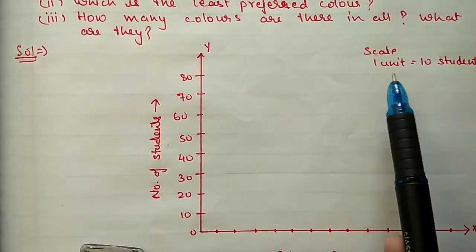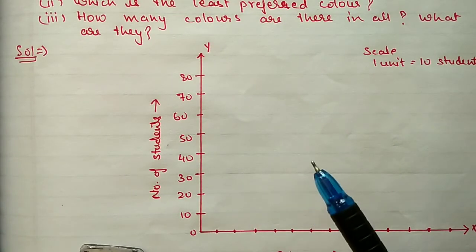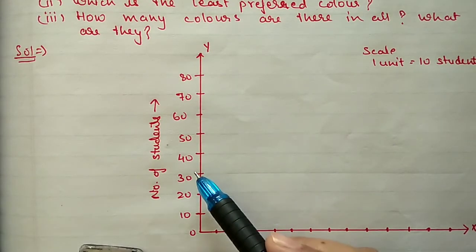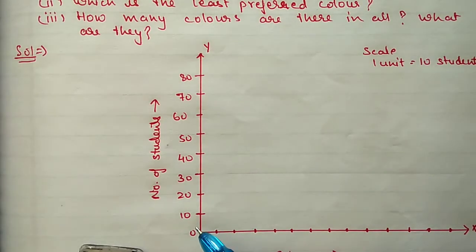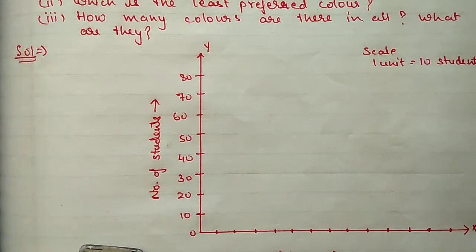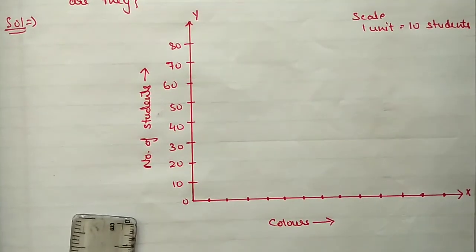And scale I have taken 1 unit equal to 10 students. You can take 1 unit equal to 5 students also. Then you have to follow the 5 table, 5, 10, 15, 20 like this. I have taken 1 unit equal to 10, so I have to follow the 10 table, 10, 20, 30, 40, 50 like this.